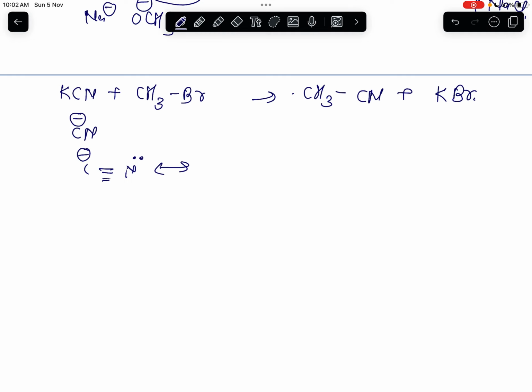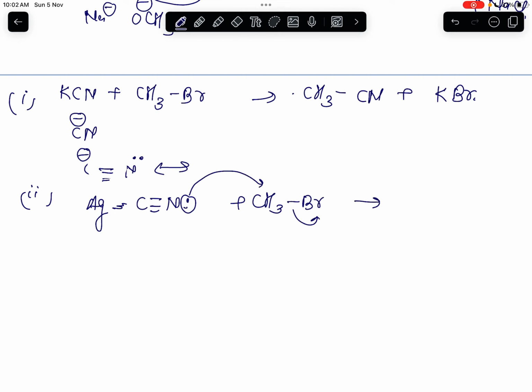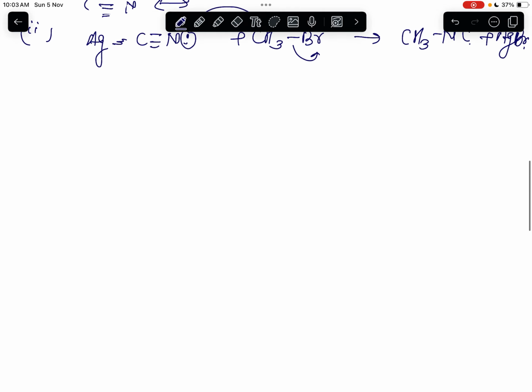So in the first case it attacks from the carbon side, and in the second case it reacts from the nitrogen side, because AgCN has a covalent bond. So the attack from this side forms isocyanide CH3NC and AgBr. These are the differences created because of the ambident attack of the nucleophile.